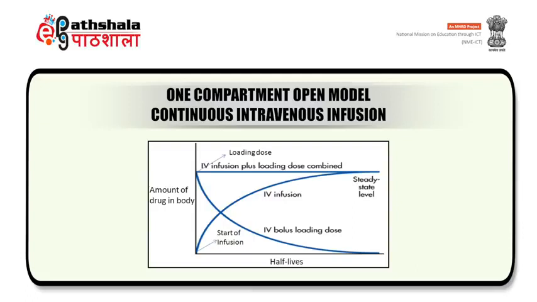The initial subtherapeutic concentration, which may be because of the IV infusion, is compensated by the IV bolus loading dose, which provides the initial therapeutic concentration. And after attaining the steady state concentration, the IV bolus loading dose also gets eliminated from the body.